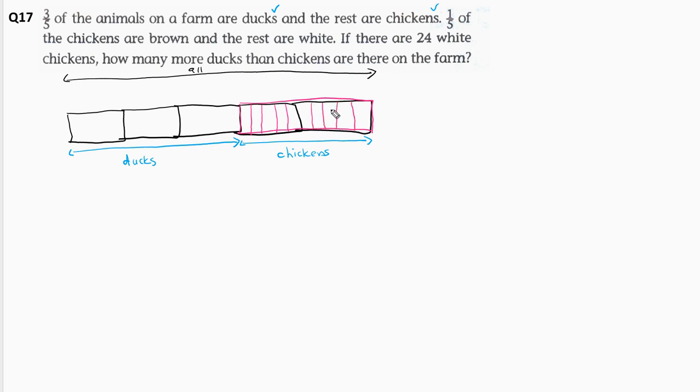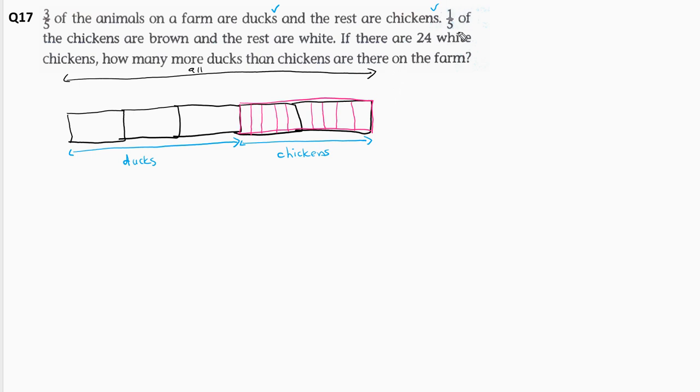And 1, 2, 3, 4, 5. Now, obviously, these aren't perfect, but I know, and if you're drawing your own, you know what these represent. So these are now tenths of the chickens, because this whole block of chickens is divided into tenths, but it will be easier to subdivide each of these blocks into fifths. So just be careful that you keep track of what you're doing.